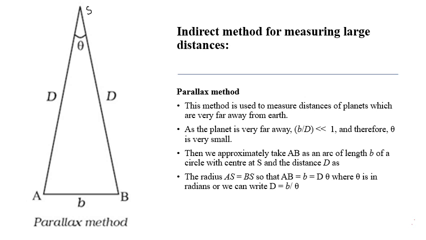And then look at the pencil through your right eye, and we'll mark that position as B. Now you have to close your left eye. What you can notice is that the position of the pencil seems to change with respect to the point on the wall. This is called parallax.